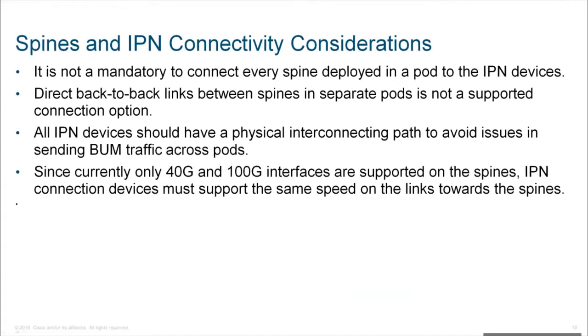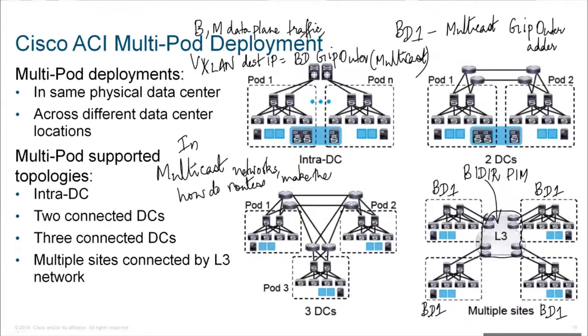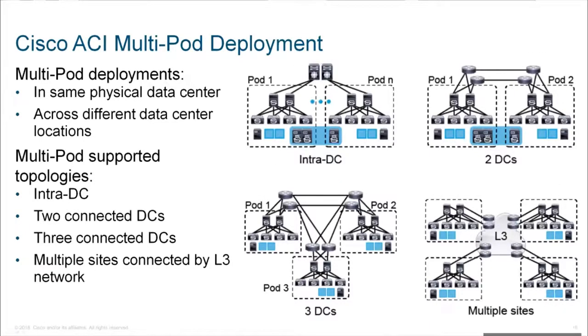From a design perspective, you don't have to have every spine in the pod connect to the IPN. You may actually see that in this. Nope, they don't reflect it in any of these. None of these are good diagrams. But I could just scribble over it and say, well, here's what they mean by that.